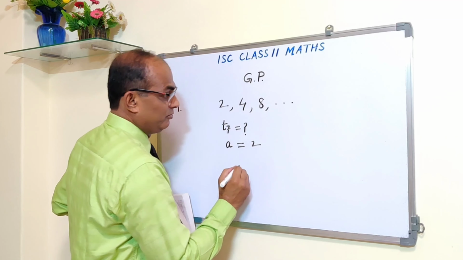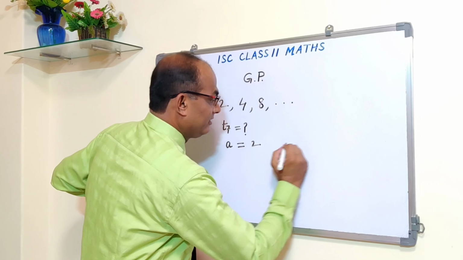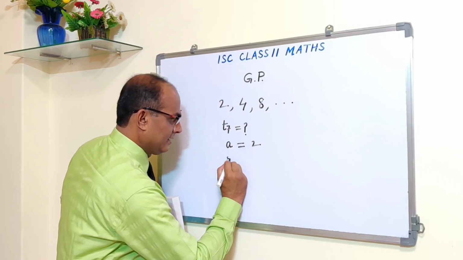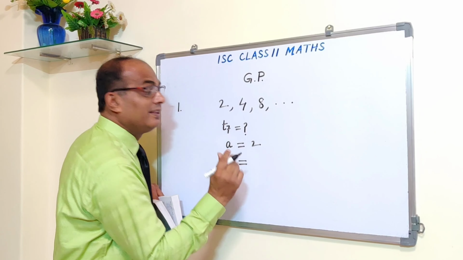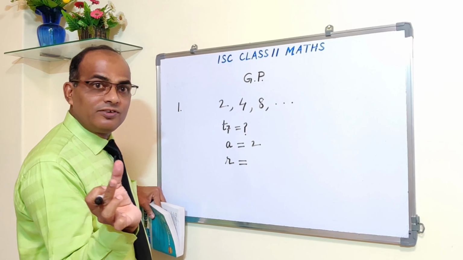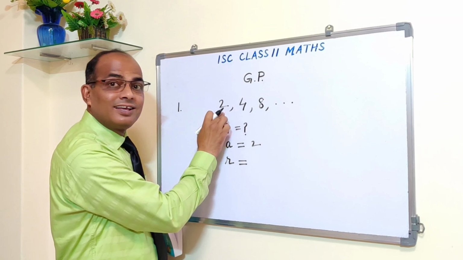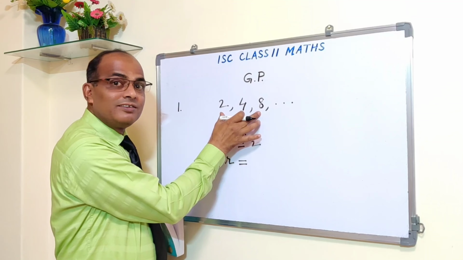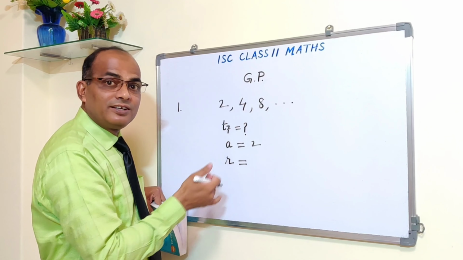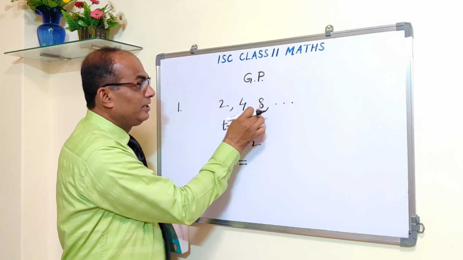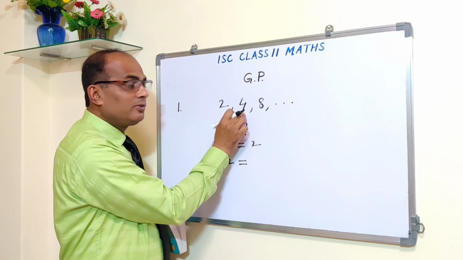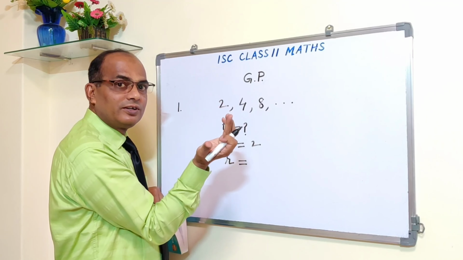Now R we need to find out. R is the ratio between any two consecutive terms. Consecutive terms means one after the other, not this and this, they are not consecutive. So either you take 8 upon 4, which is 2, or you take 4 upon 2, which is again 2.